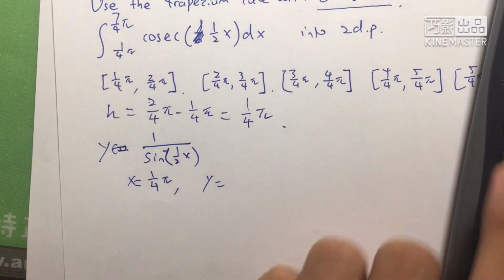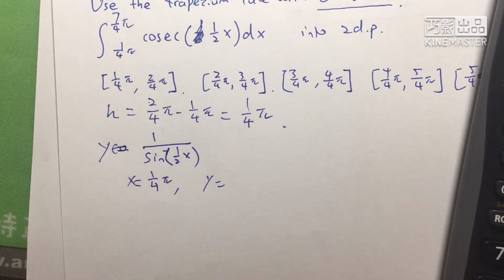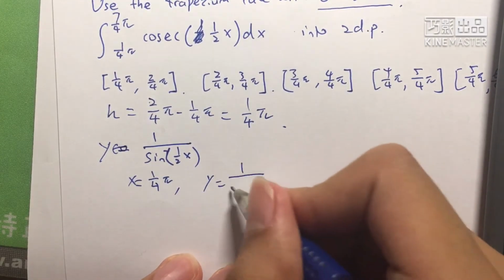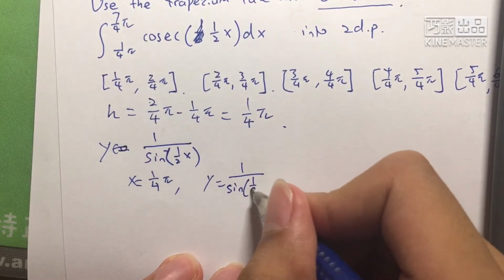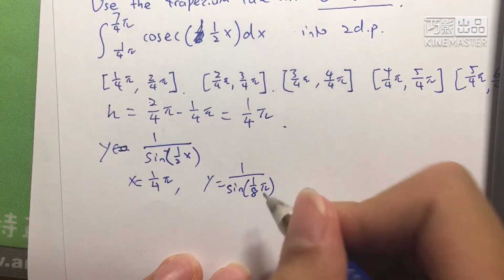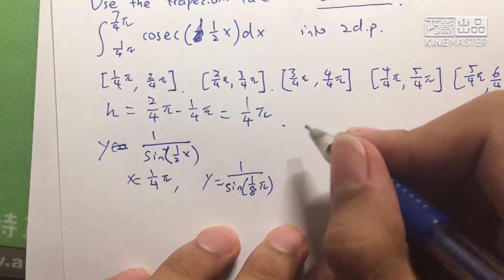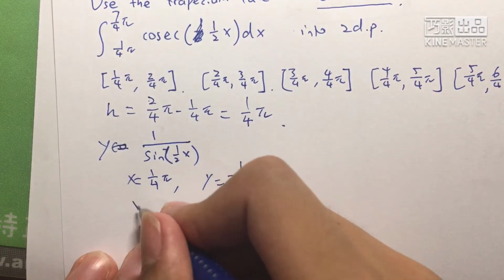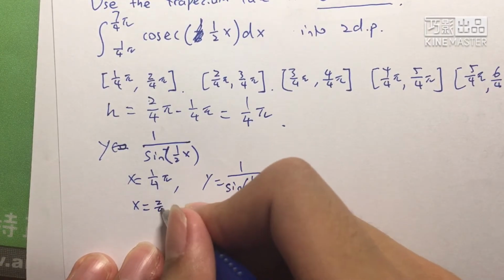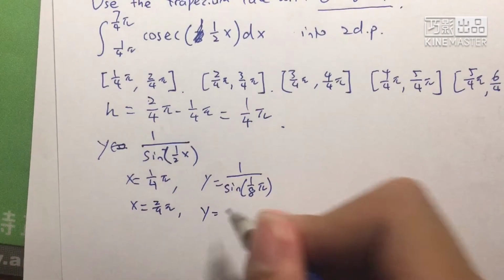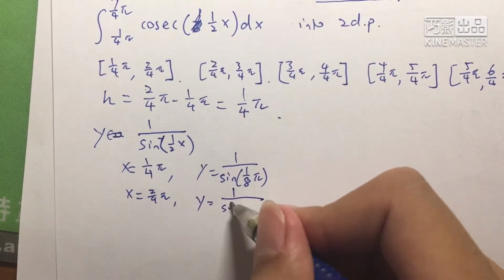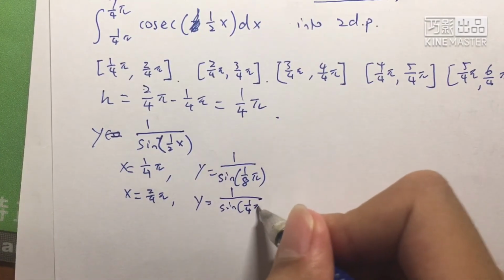y is equal to 1 over sine an eighth pi. And for the second one, when x is equal to 2 over 4 pi, y is equal to 1 over sine quarter pi.